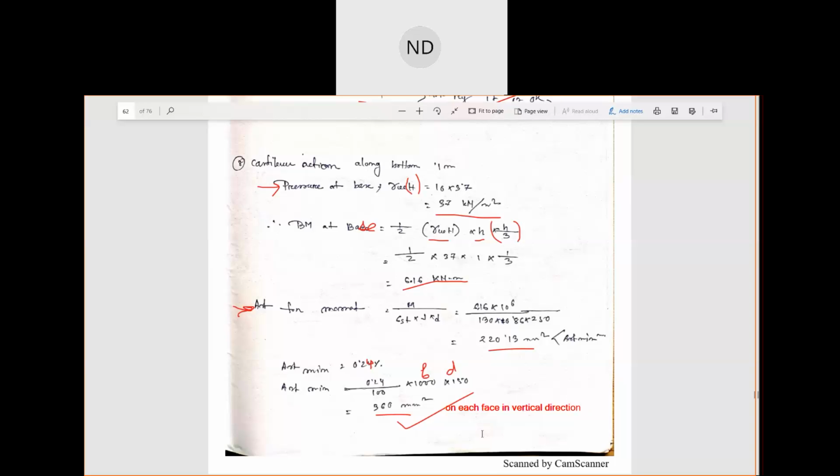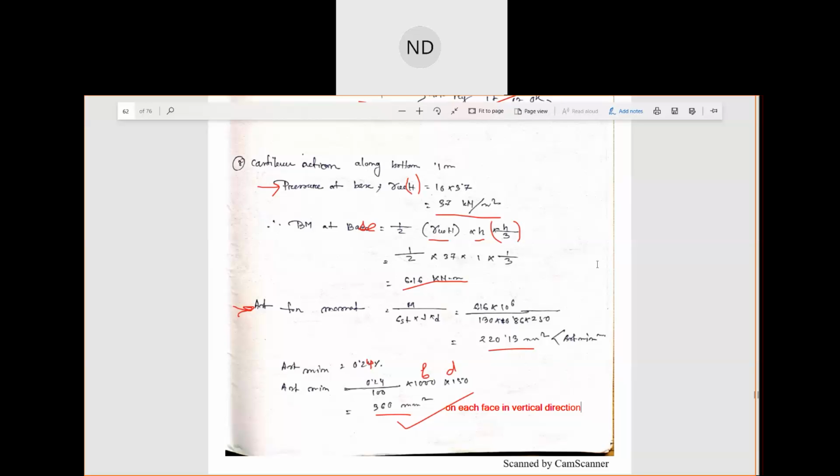This 360 mm square area of steel at the bottom we are providing on each face in the vertical direction. So on each face means on the outer face as well as inside, where the water was, the liquid face. So area of steel on each face we are giving on the base is 360 mm square.